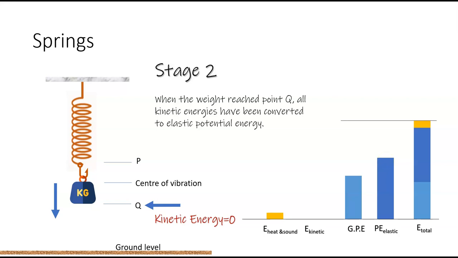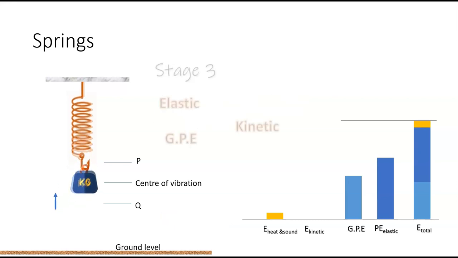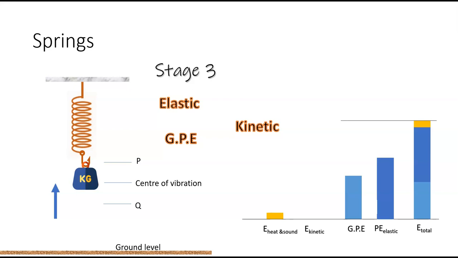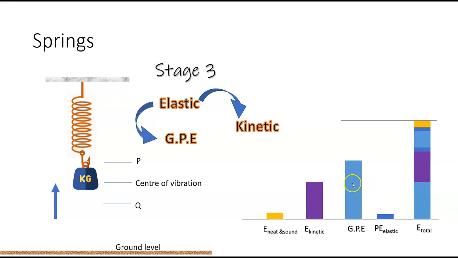When all kinetic energies have been converted to elastic potential energy, the elastic potential energy now pulls the weight upwards. This pull causes the weight to gain in kinetic energy. Hence, there is a transfer and conversion of elastic energy to kinetic energy. At the same time, as the weight moves higher, it also gains gravitational potential energy.